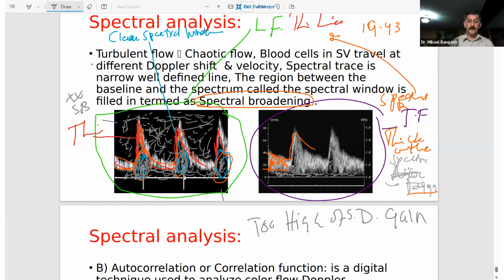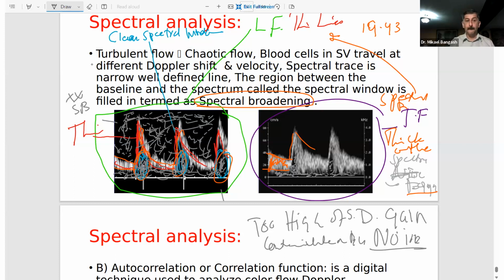And then the whole of your spectrum is actually contaminated by noise. So all these small fellows here are actually noise.